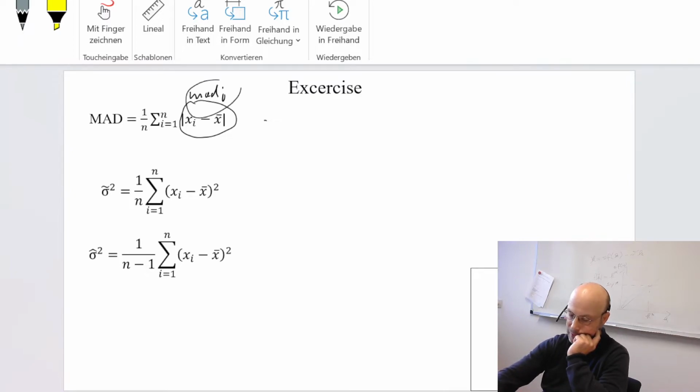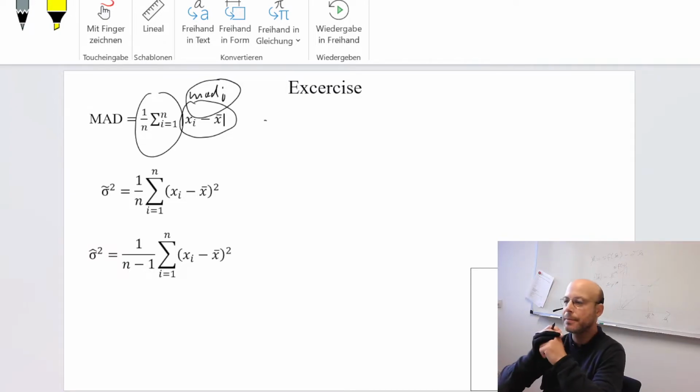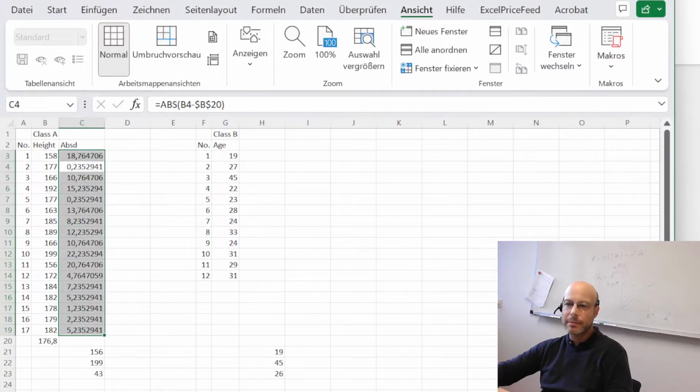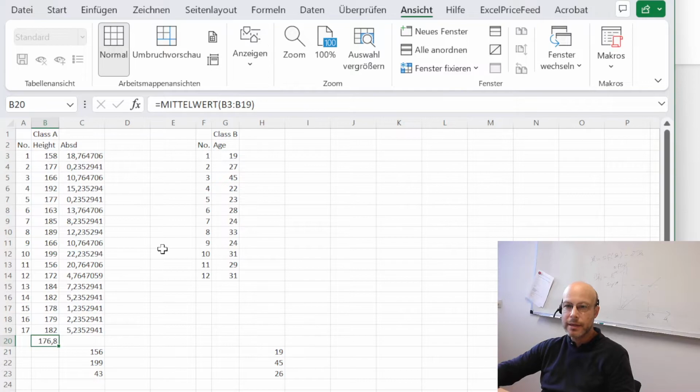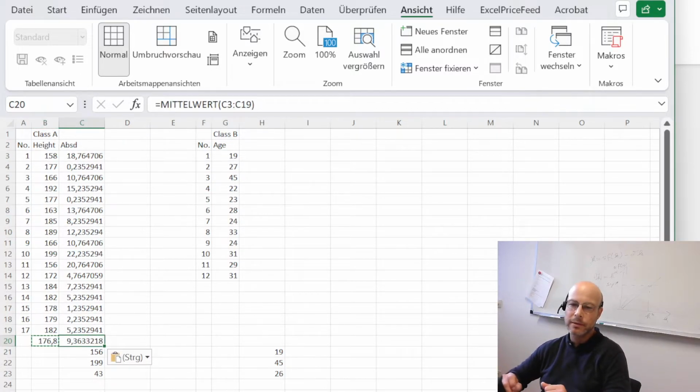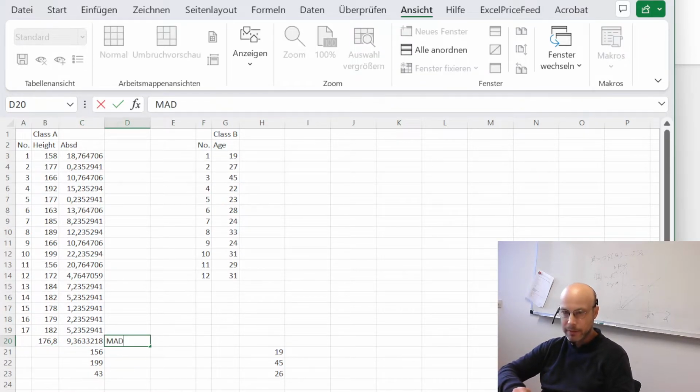So this is just a new single number. And what we have then here is just sum it up and divide it by n. So nothing else than the arithmetic mean of the absolute deviations of every single number. So in this case, we can just take our formula and put this formula to the left. So this one would be the mean absolute deviation.